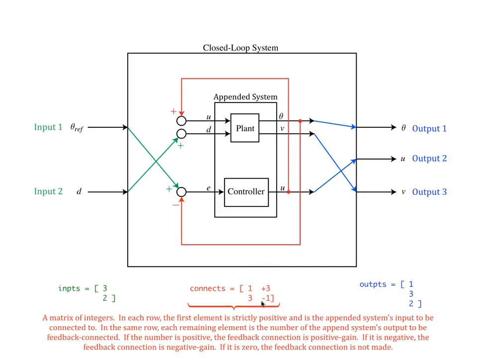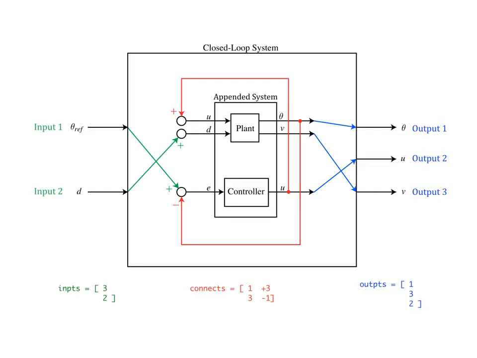For more complicated cases, there may be more columns than there are rows in your connects matrix. All that works, and the elements in the second and subsequent columns can be 0 as placeholders if no connection is to be made corresponding to that element.